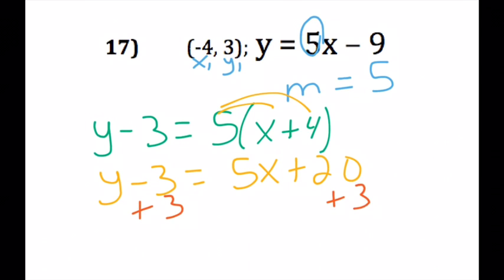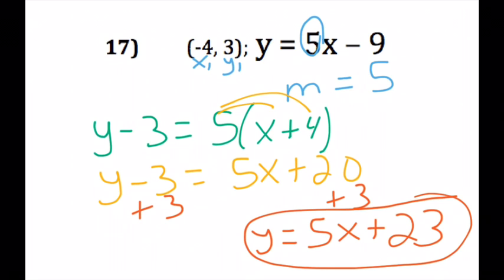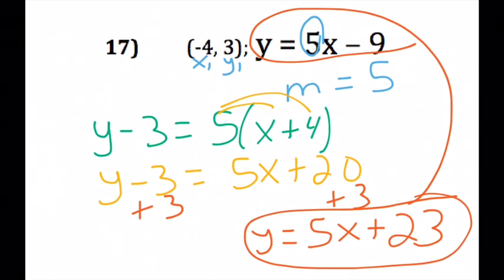Add 3 to both sides, so our answer is y equals 5x plus 23. This equation is parallel to this equation because they have the same slopes but different y-intercepts, and this equation goes through that point, negative 4, 3.